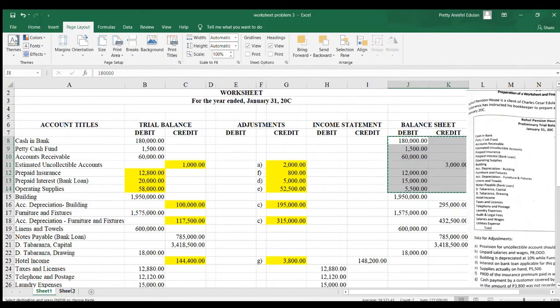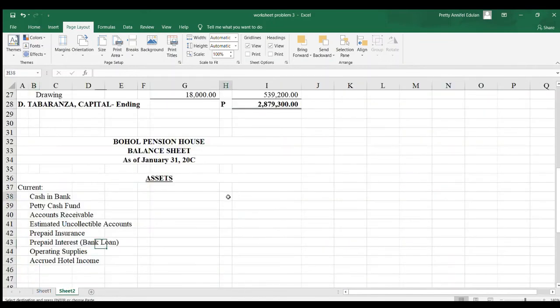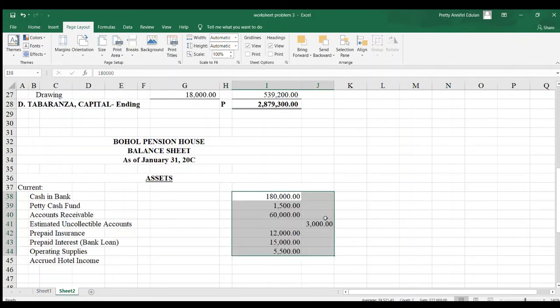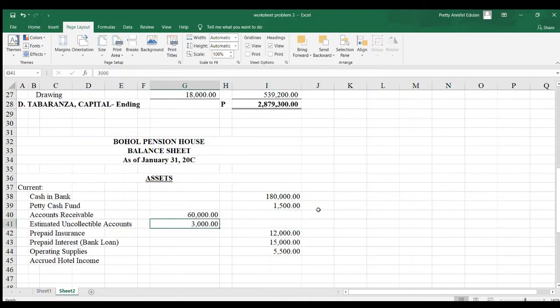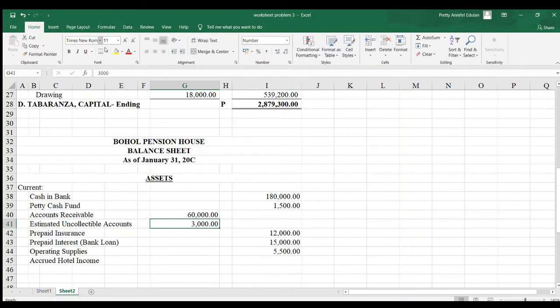This one would be here. Why? Because it's a contra account.